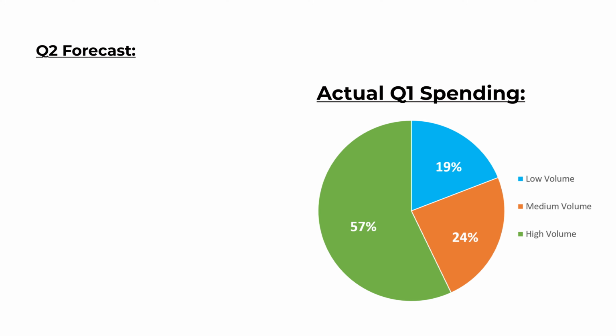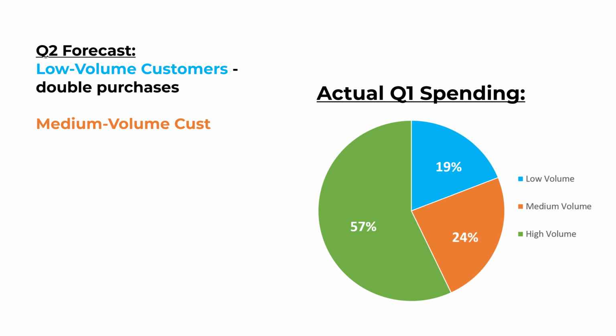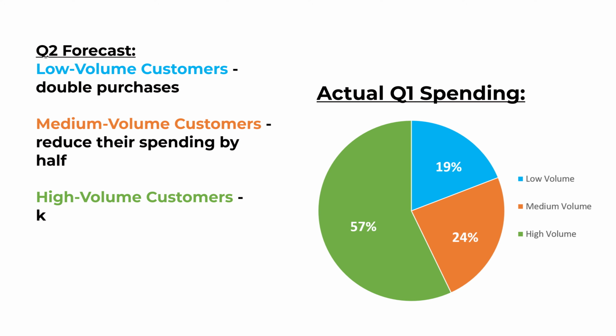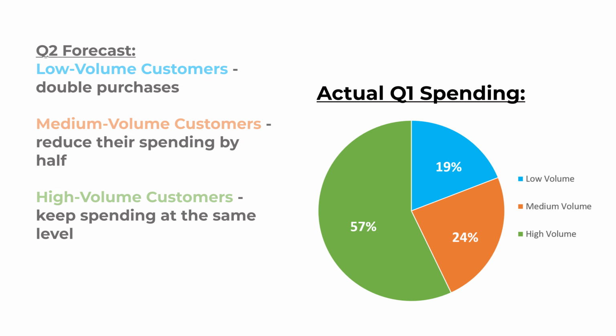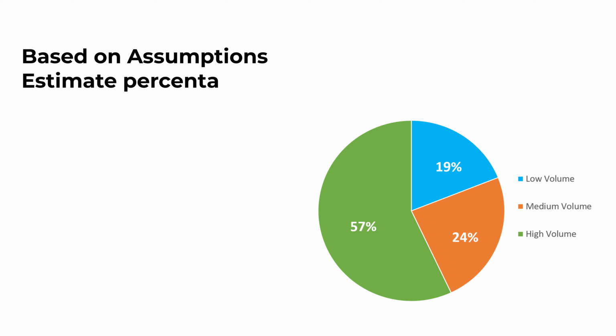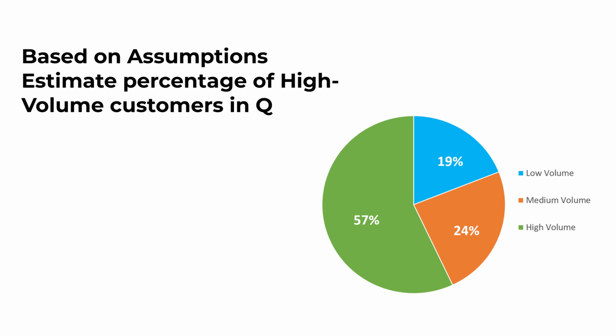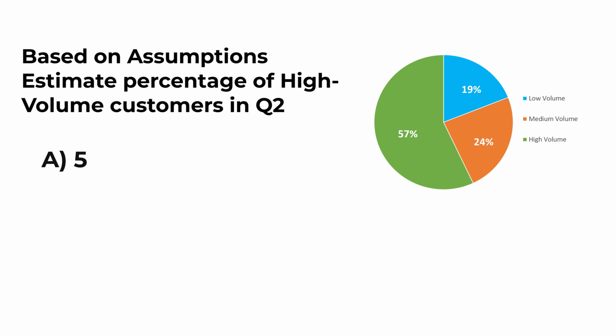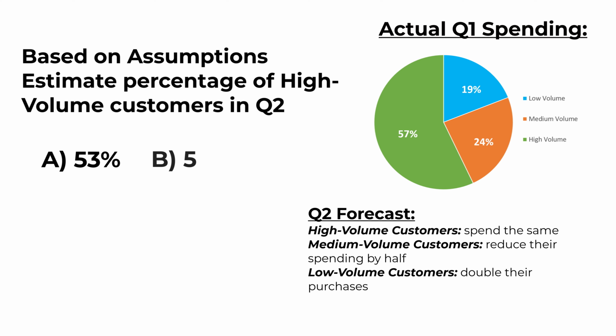Assume that in the next quarter, low-volume customers will double their purchases, while the medium-volume customers will reduce their spending by half, and high-volume customers will keep the same. What would be the percentage of high-volume customers in Q2? There are 4 different choices. Choice A, 53%, choice B, 55%, choice C, 57%, and then choice D, 59%.